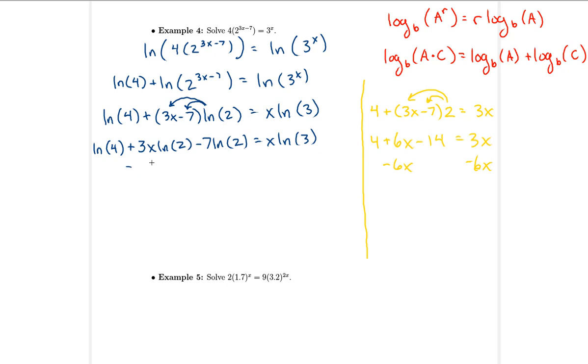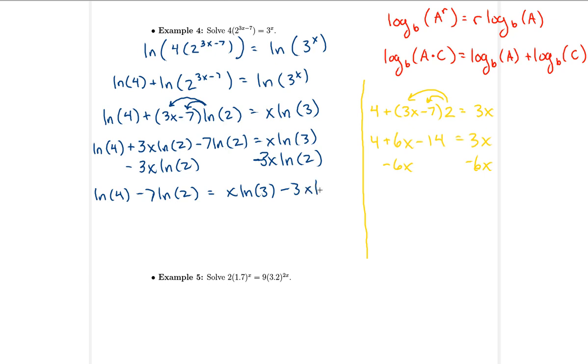So yeah, let's get our x's all on the same side. Oops, forgot my 3 there, sorry. All right, so we end up with the natural log of 4 minus 7 natural log of 2 equals x natural log of 3 minus 3x natural log of 2.